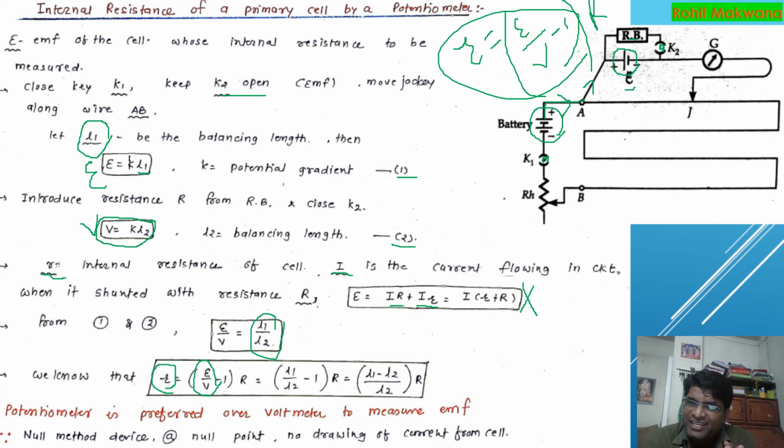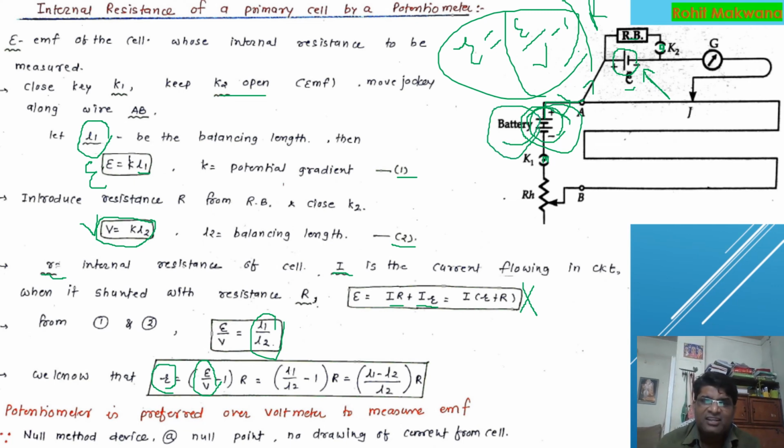So here didn't it draw any current from this cell whose EMF is to be measured? No, because the EMF of this is obviously less than this battery. So we are not drawing anything from this. We are drawing everything from this powerhouse, this battery.